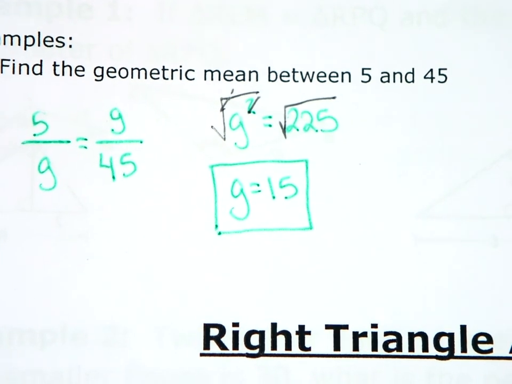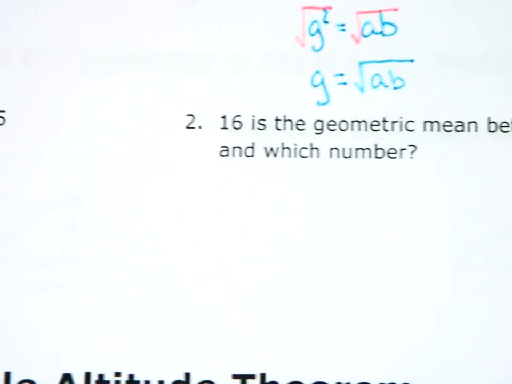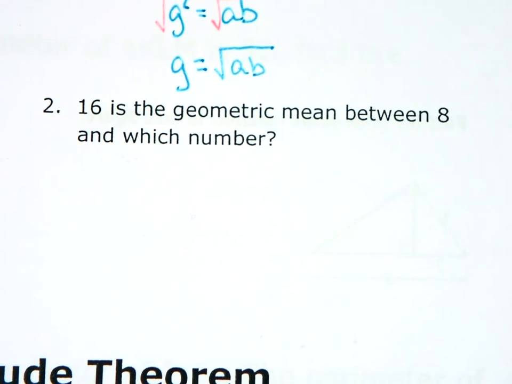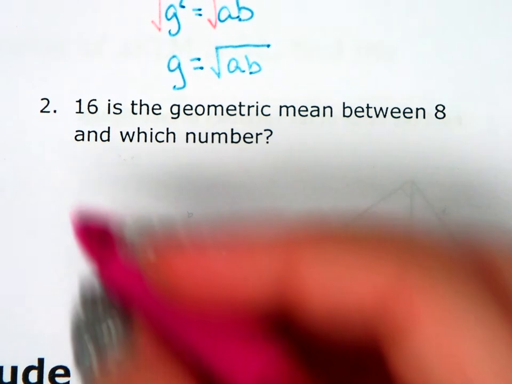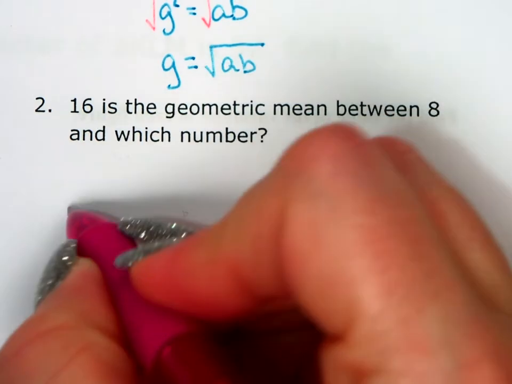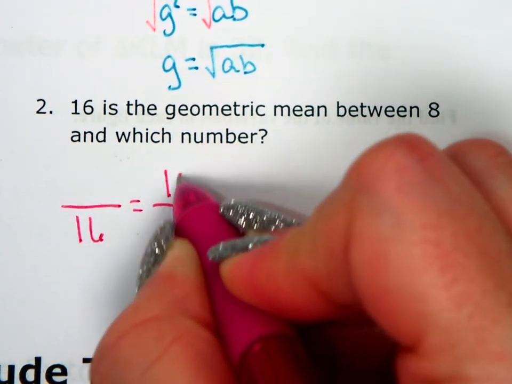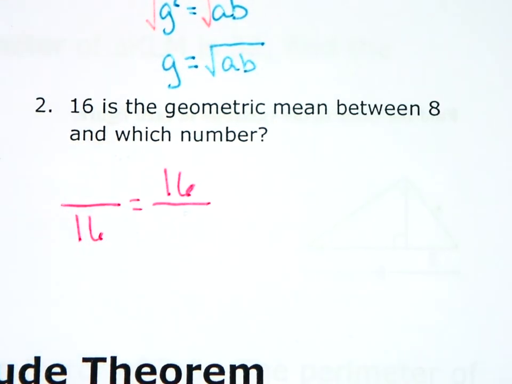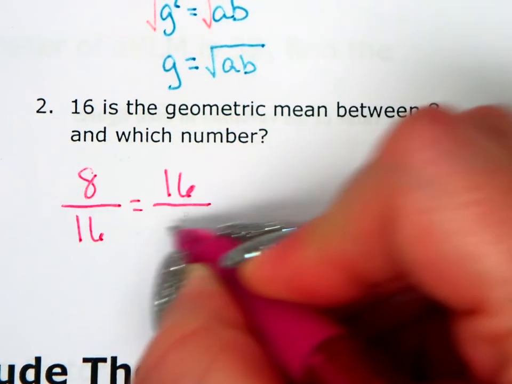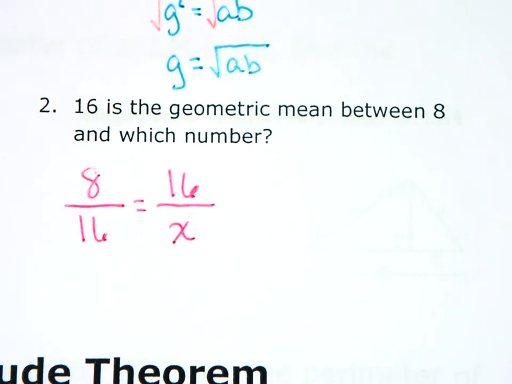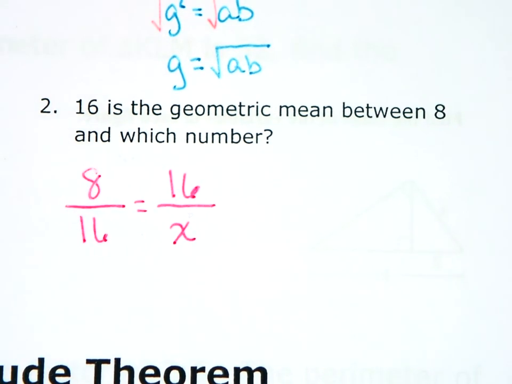Number 2, my second example is a little bit different because on number 2, it tells me 16 is the geometric mean. So that means when I set up my proportion, that 16 is going to go in where I had the G. So in both of those places. And then between 8 and which number, so 8 and some other number. So you have to pay attention. Are you looking for the geometric mean like number 1, or did they give you the geometric mean like this one?